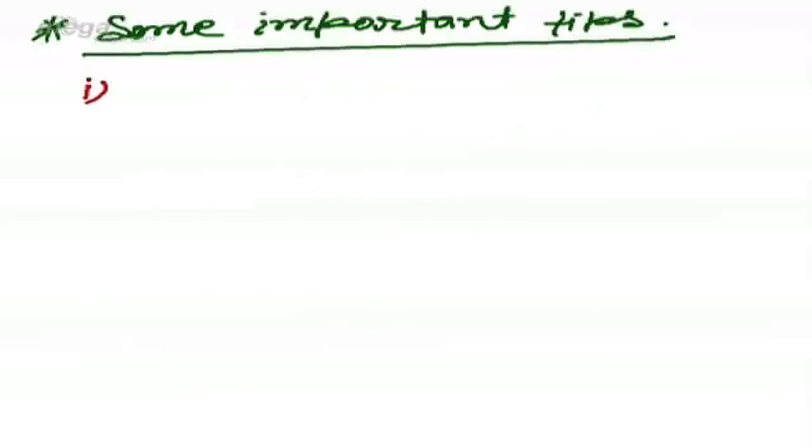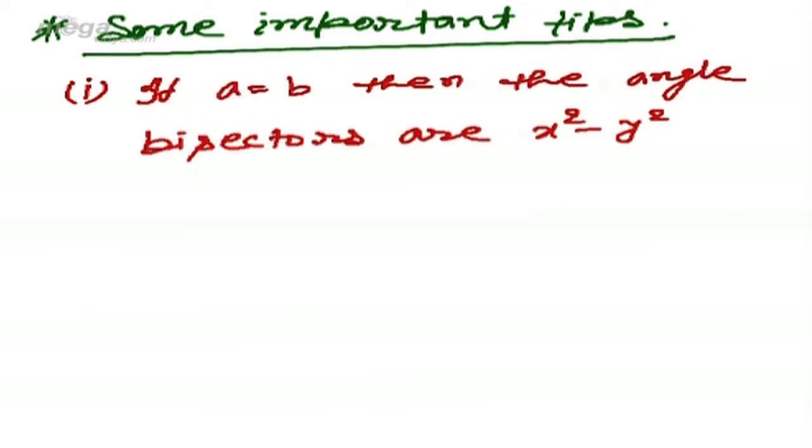Now student, I am writing here some important tips, or you can say some important notes, that if you remember, will be very helpful while you solve questions. If a is equal to b, then the angle bisectors you can directly write as x square minus y square is equal to 0.